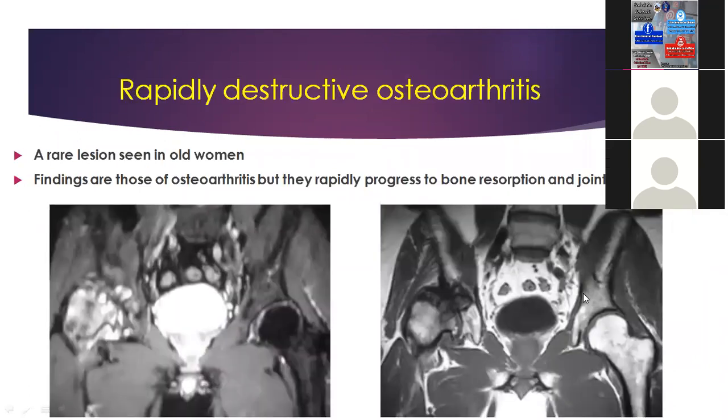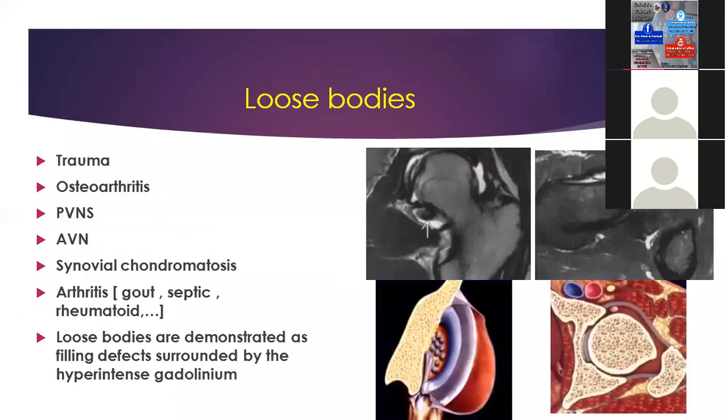For destructive osteoarthritic changes, it would involve more than the articular surface of the femoral head and also the acetabulum. It can progress to bone resorption, and also loose bodies, which benefit more from MR arthrography, and can be diagnosed as a list of etiologies, like pigmented villonodular synovitis, the traumatic part, and synovial chondromatosis.